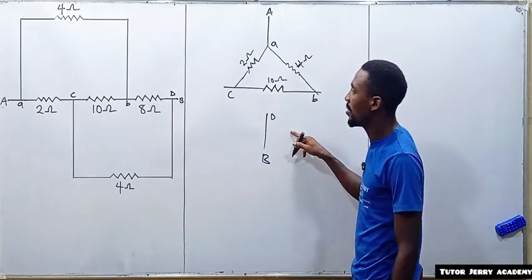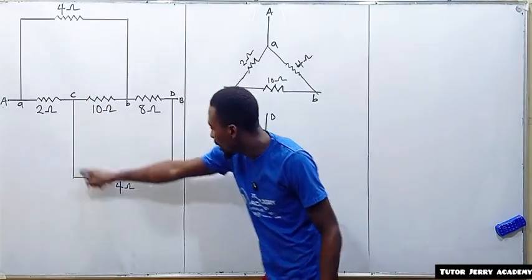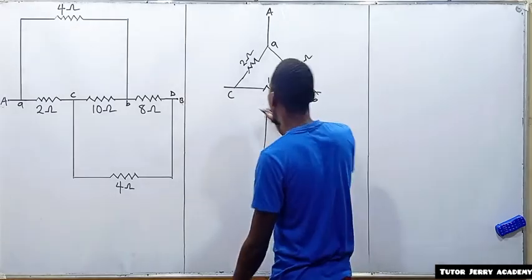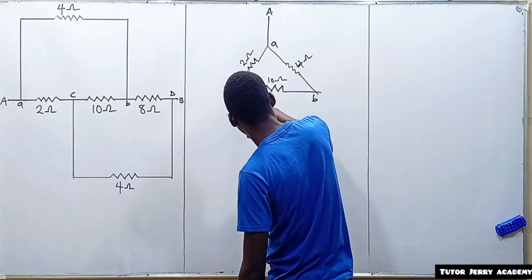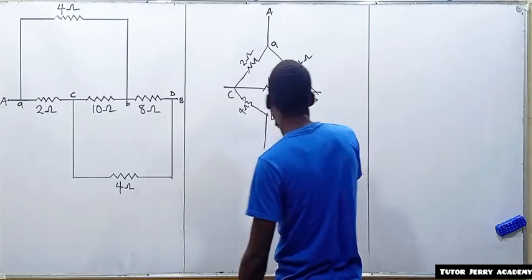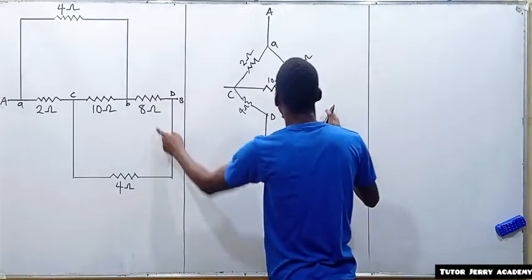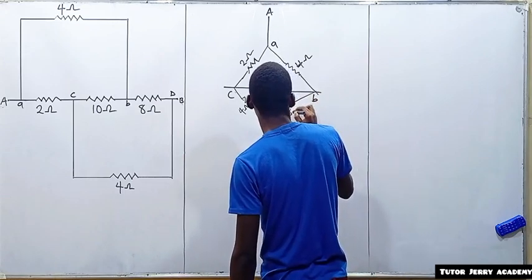And CD now. Let's go for CD. So CD is going to be 4 ohms. So here we are going to have 4 ohms here. And BD is going to be 8 ohms. So we are going to have 8 ohms here.